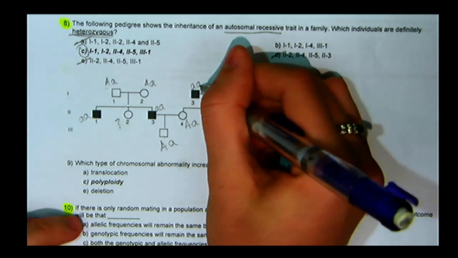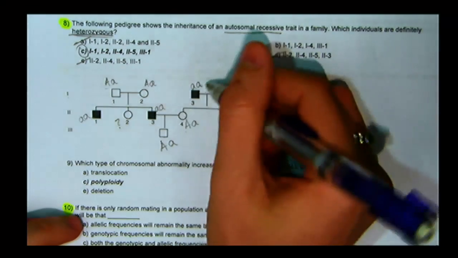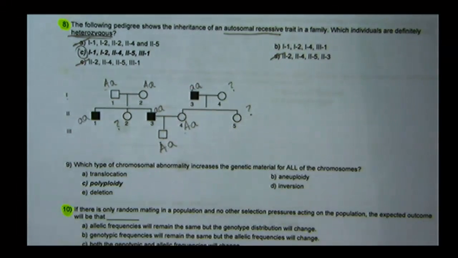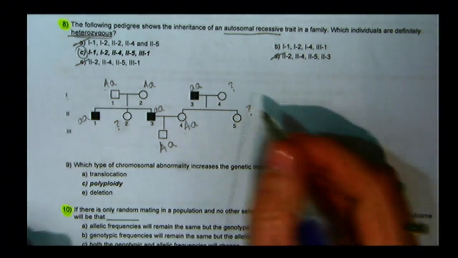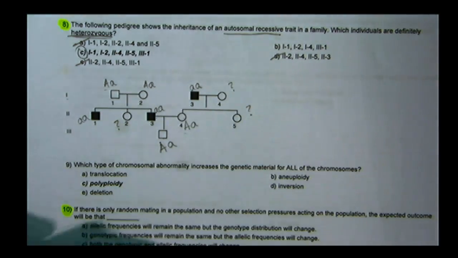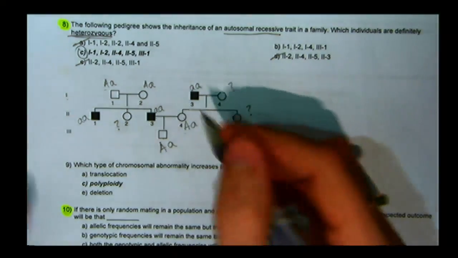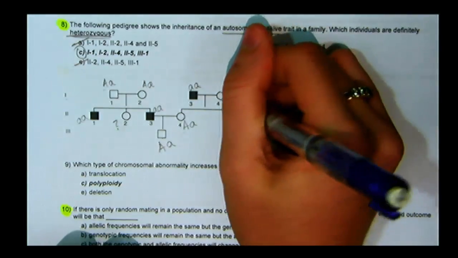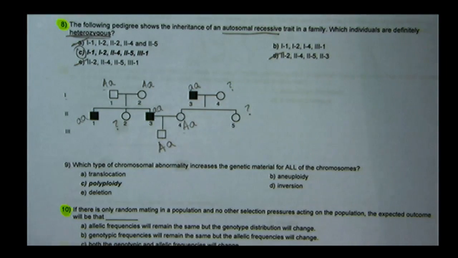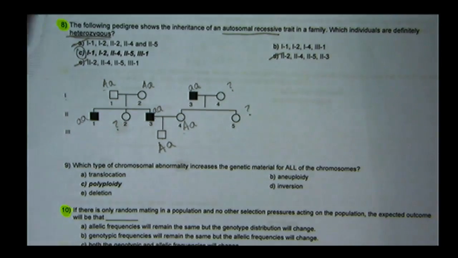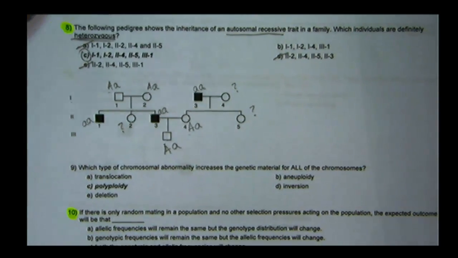So it has to have a big A because it's not affected, but did get this little a from here. Generation 4, number 4? Right, we don't know what this person is. Yes. Does that make sense? Yeah.